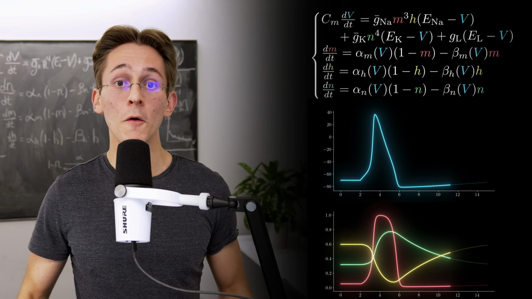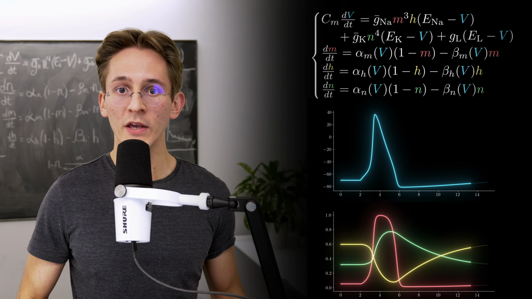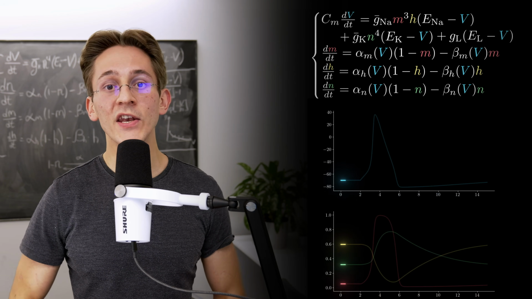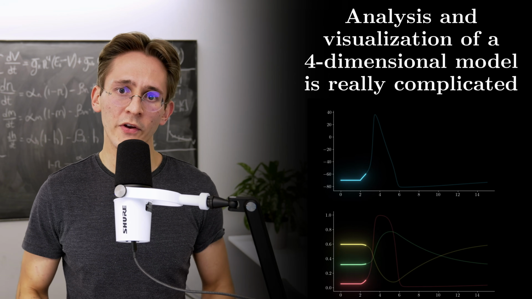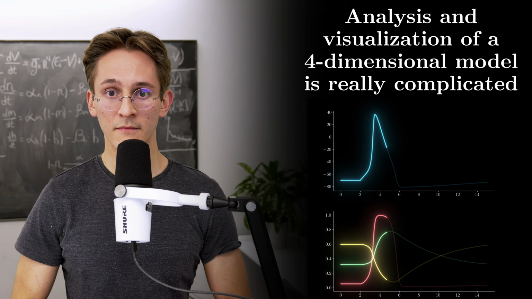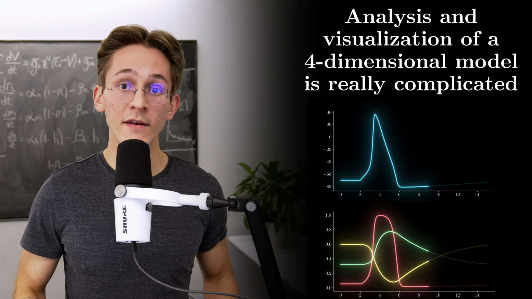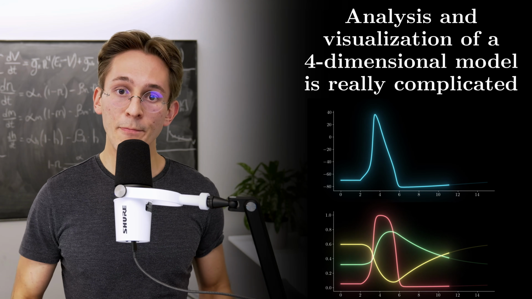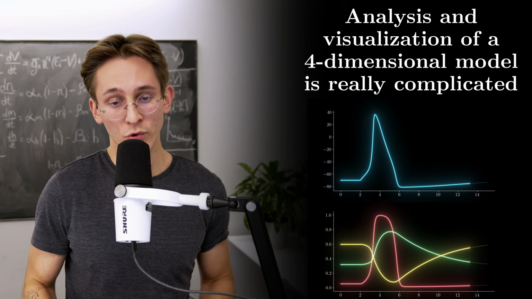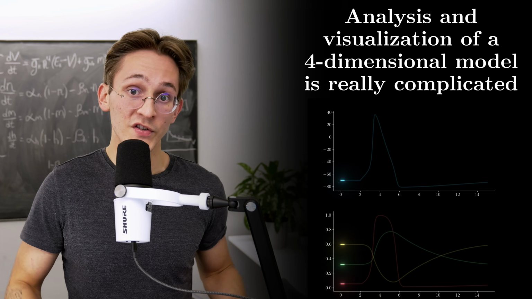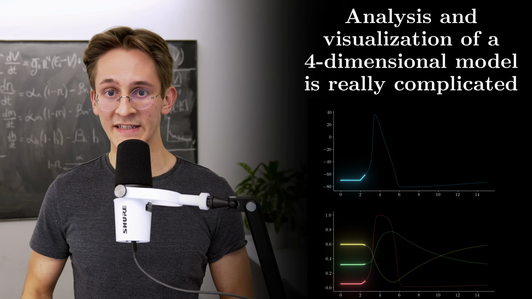While we can easily solve those equations numerically and simulate a neuron on a computer, the high dimensionality makes it very difficult to gain intuitive understanding. With 4 equations, we cannot directly visualize the system's state in the phase space, a powerful geometric tool that would allow us to see how neurons transition between resting and firing states.